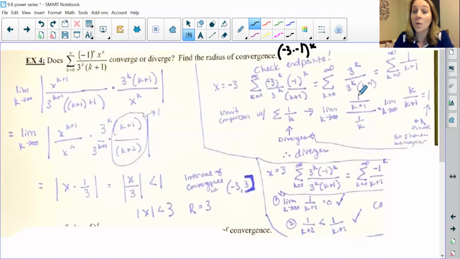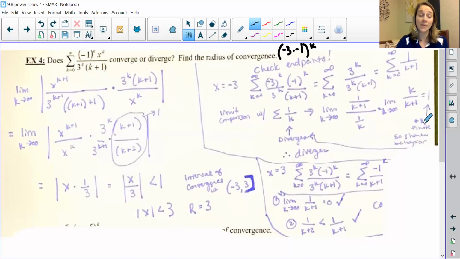So when we take 1 over k plus 1 over 1 over k, and we're finding the limit again as k approaches infinity, that's going to be the same thing, keep it, change it, flip it, as the limit as k approaches infinity of k over k plus 1, which we know will be the ratio of the leading coefficients, and that equals 1.